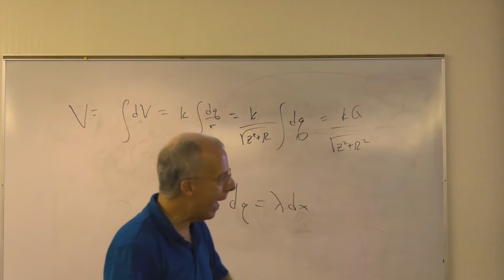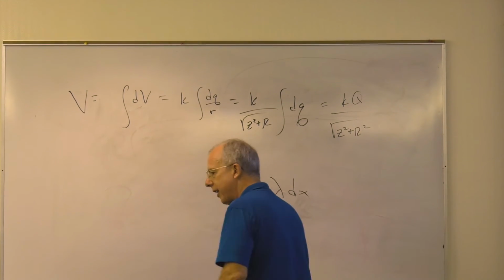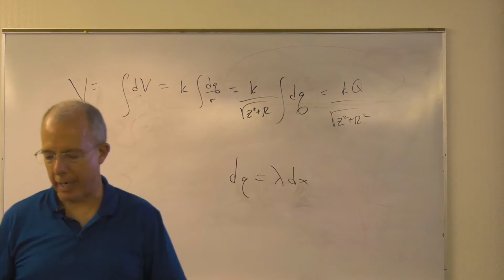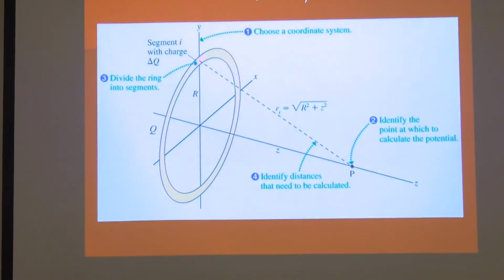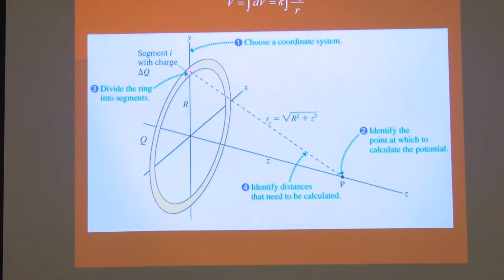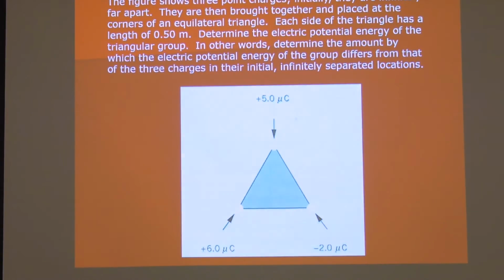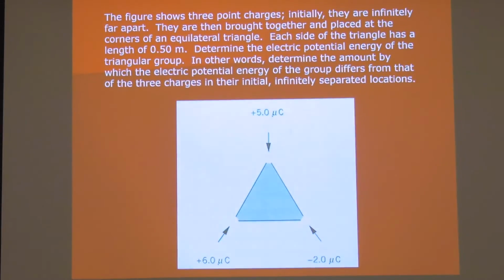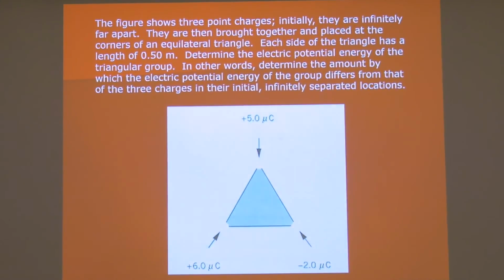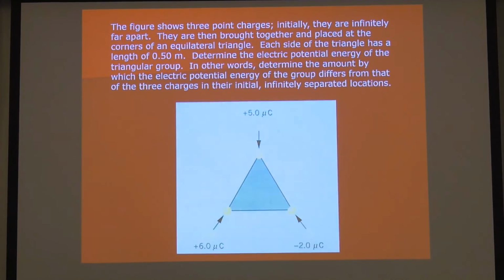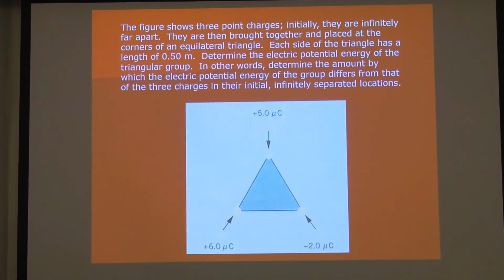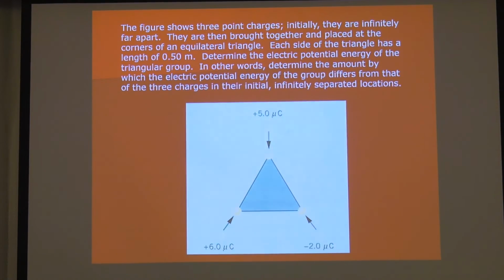Okay, last example. Last example is a very, very important example to help you distinguish between electric potential energy and the potential. So everybody read that very carefully, please. Here we go. We start out having these three charges infinitely far apart, and then we're going to bring them together, and we want to see what's going to happen to the electrical potential energy.